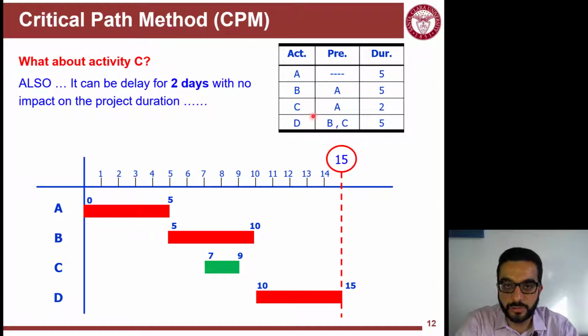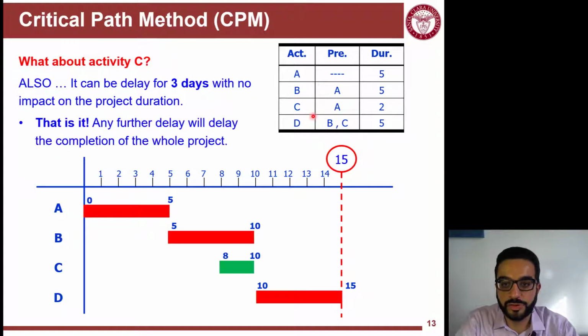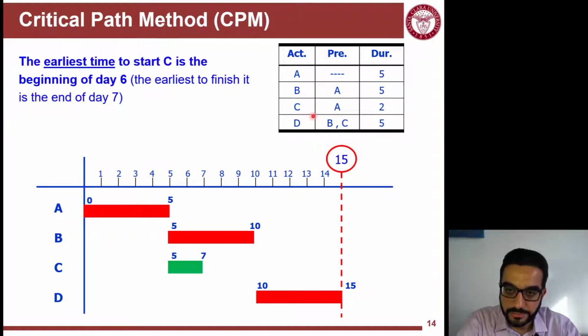If I push it another day, 2 days late now, nothing changed. If I delay it for 3 days, nothing changed. But it will become a big problem if I delay C beyond 3 days. I cannot delay it more than that because it will itself become a critical activity and will push my schedule finish time later.